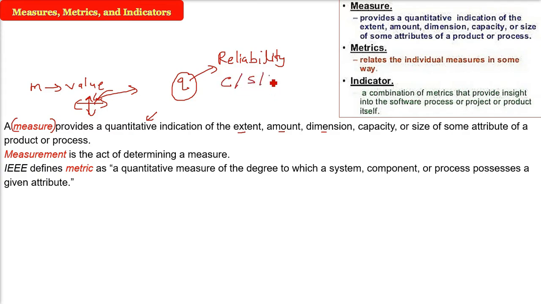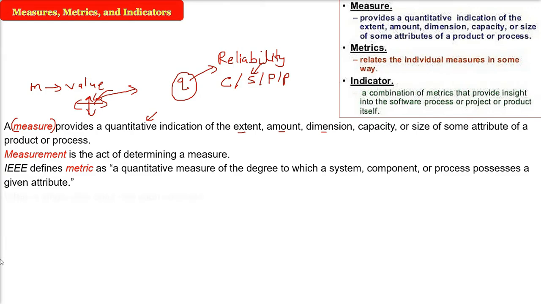It can be anything. So for reliability in that system or component, what is the quantitative measure of the degree to which this attribute is present in that component.